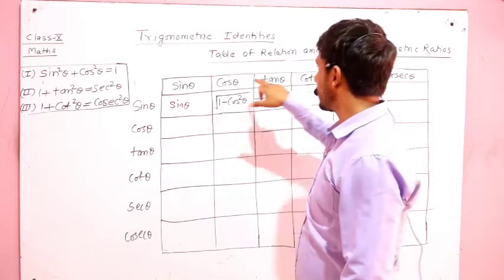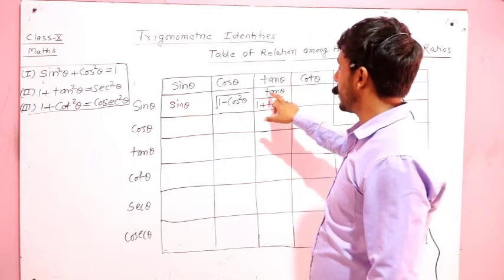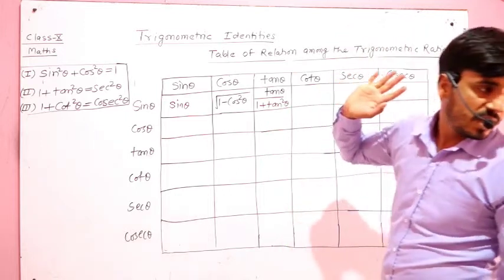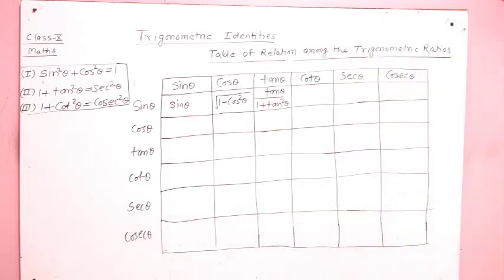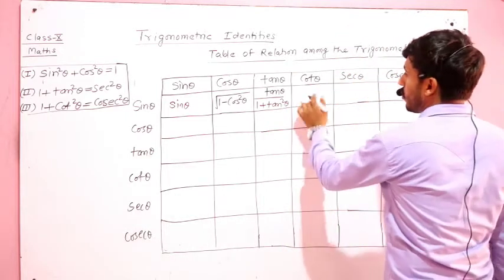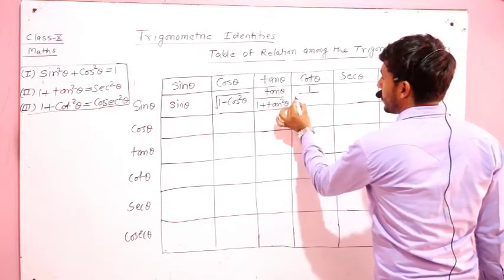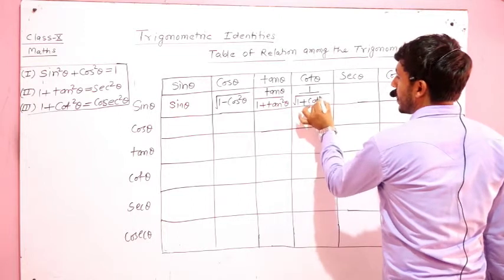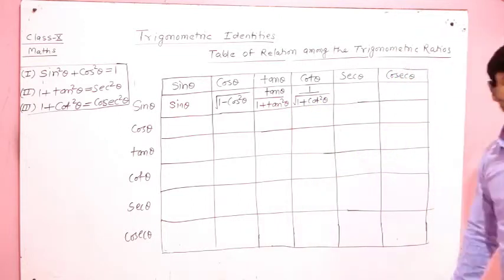Sin theta in terms of tan theta, that can be given as tan theta upon root of 1 plus tan square theta. In the next we have to find sin theta in terms of cot theta, that can be given as 1 upon root of 1 plus cot square theta, as you have to know.